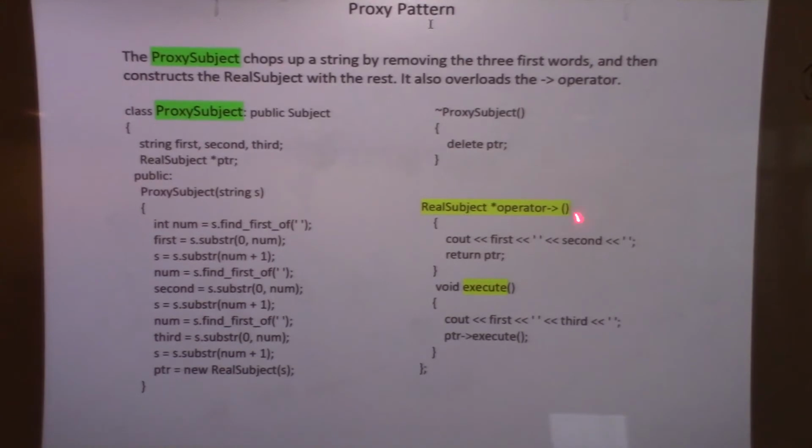And when somebody says the pointer operator, it returns the pointer. What's the pointer? The pointer is the pointer to the real subject. And when somebody says execute, it executes on it. So when you say it, you think you're executing on the proxy, but actually it's executing on the real subject. So it acts like the interface between them.